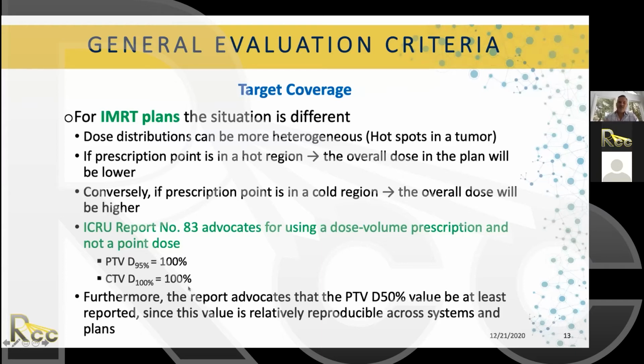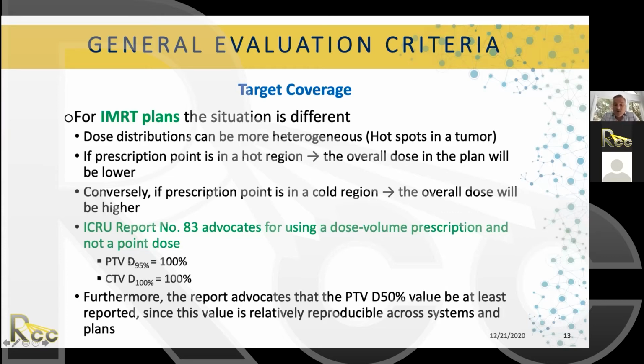That's what we've been following in our lectures too. Again, these are things you need to discuss within your institution, because different institutions might have slightly different constraints, but this is normally what we all do in terms of target coverage.